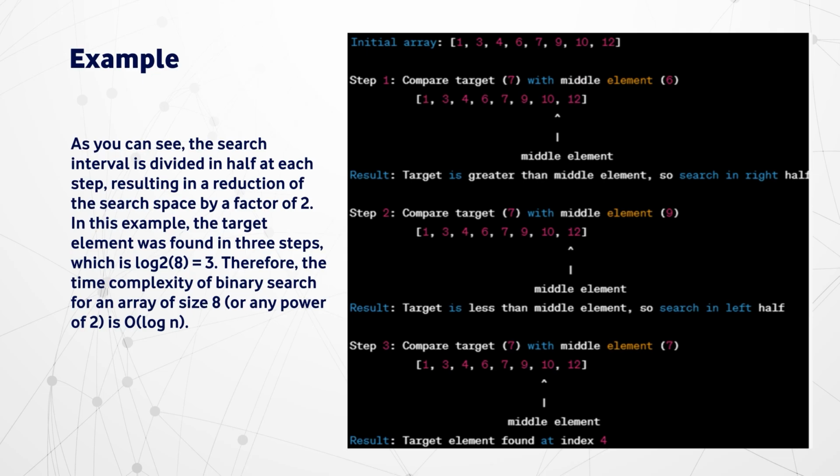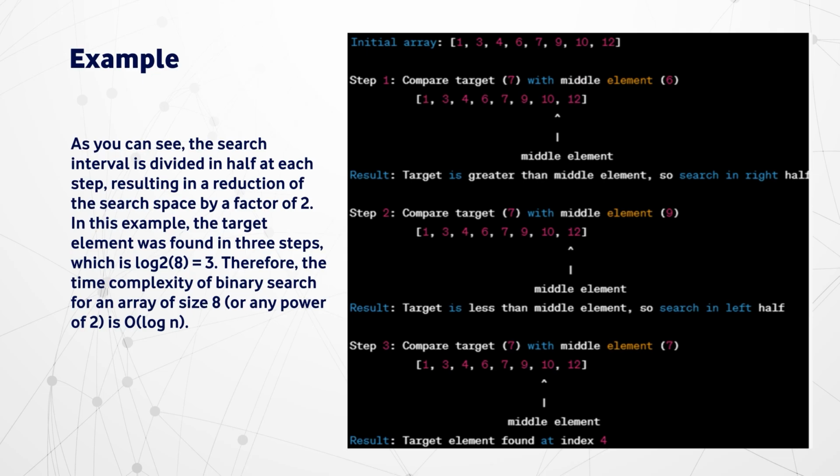So if you're going linearly, what will happen? Going step by step, there will be a complexity of big O of n. It means you have to scroll through all the elements that are present. So if there are 8 elements, the complexity will be 8.